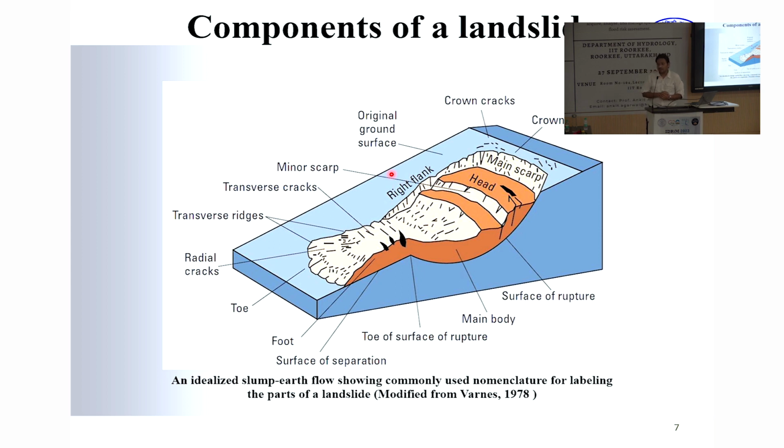in hilly terrains. And those who have already studied a bit of geology know that the Himalaya itself is made up of different types of rocks. For example, the amount of landslides in the higher Himalaya, which has crystalline, hard rocks, is much less. You will not hear of so many landslides in the higher Himalaya, whereas in the lesser Himalaya, which is much more highly populated, near Rishikesh and Devprayag, yeah, which is very near.